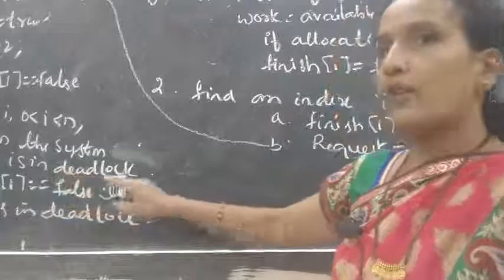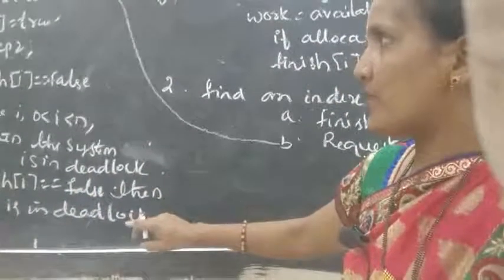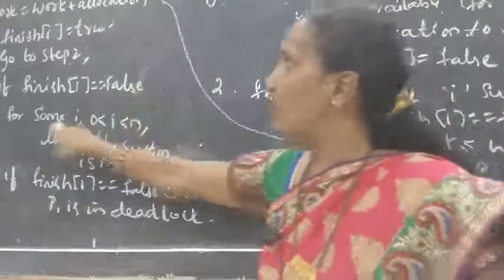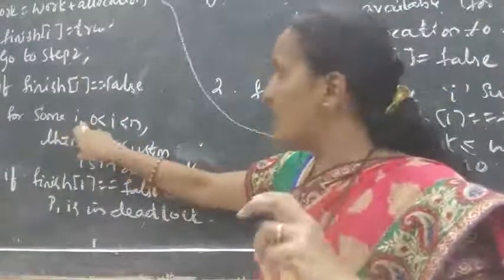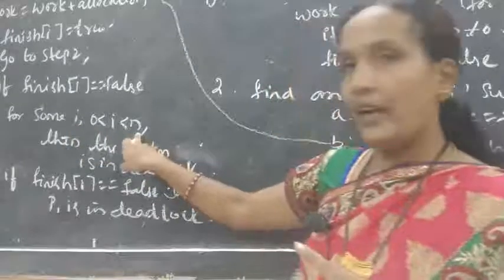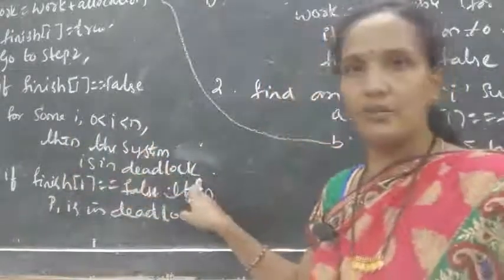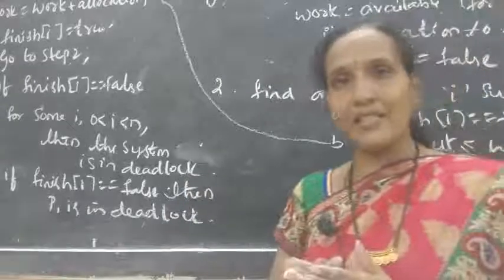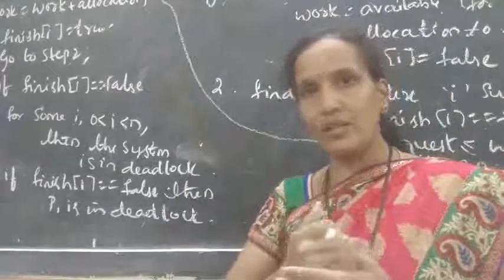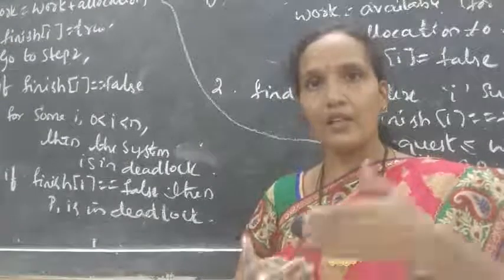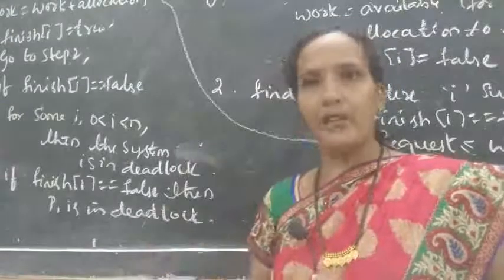In step 4, what have I given? You can see, if finish of I equals false for some process, in the range starting from 0 up to n minus 1, then the system is in a deadlock. Understand? The process is there, but it has not completed execution, and whatever resources it is requesting are greater than the available resources.